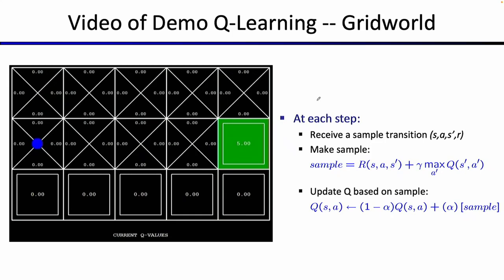I should say for this example, alpha is going to be 1/2. There were no successors afterwards, so the value of the sample was just 10. We multiplied it by 1/2. All the Q values were initialized to 0, so we're able to set the Q value of this state to 5.